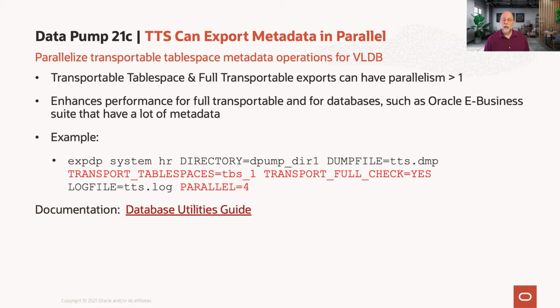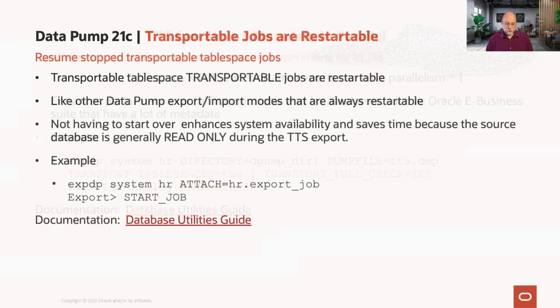We can now do parallel metadata export and import for transportable jobs. This is very important for metadata-heavy applications like E-Business Suite, SAP, any enterprise applications. It's very simple: even if you're using transportable tablespaces or full transportable, the parallel keyword will help speed up your metadata.